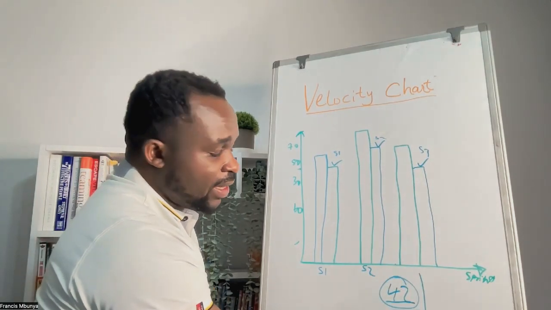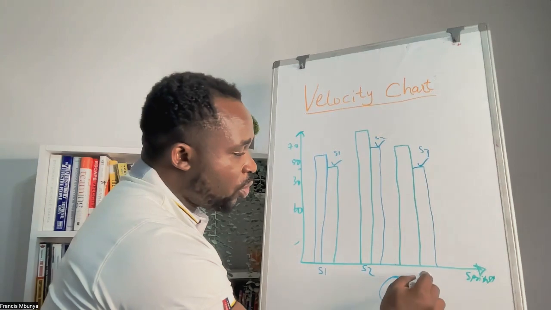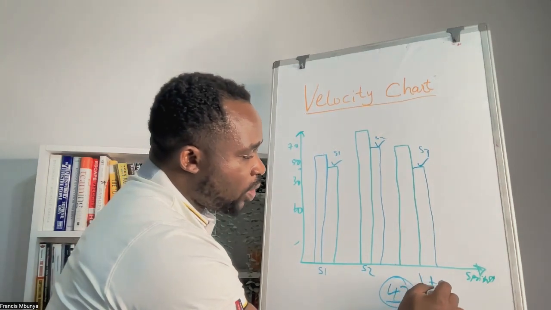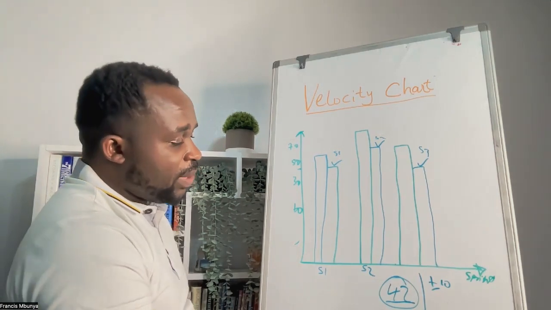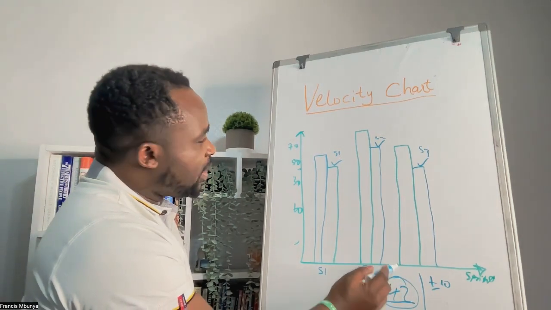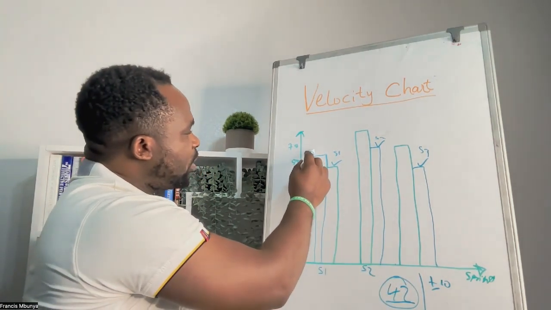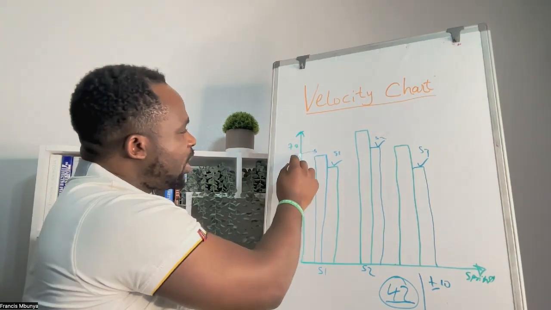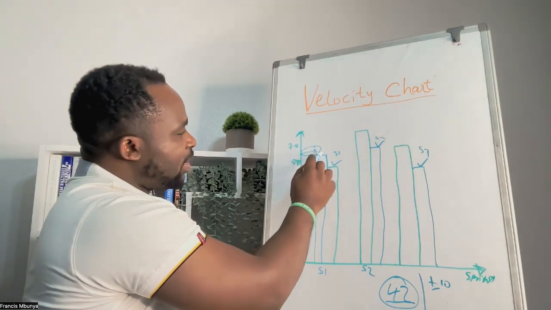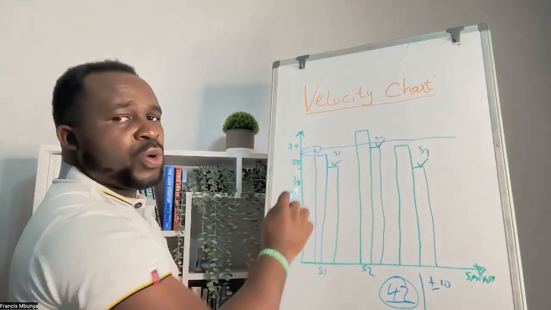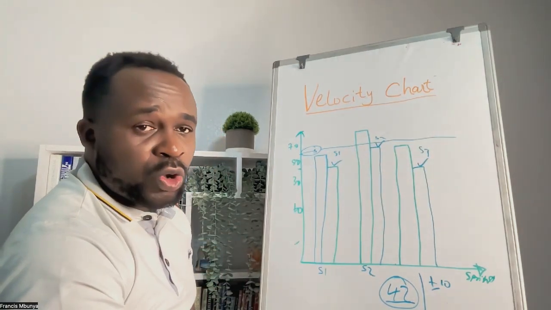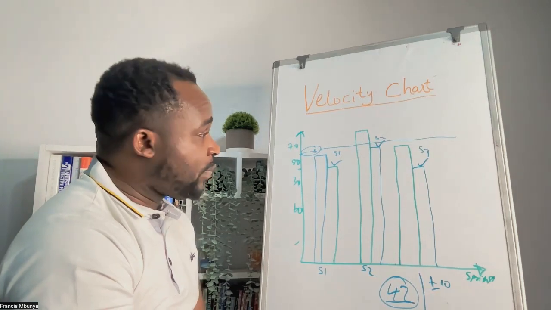So advisably, with this number, always look at around plus or minus 10, which means that if your team is committing above 52, which is somewhere right here, you need to warn them and tell them, hey, look, based on our track record, we have not actually been able to complete above 52.